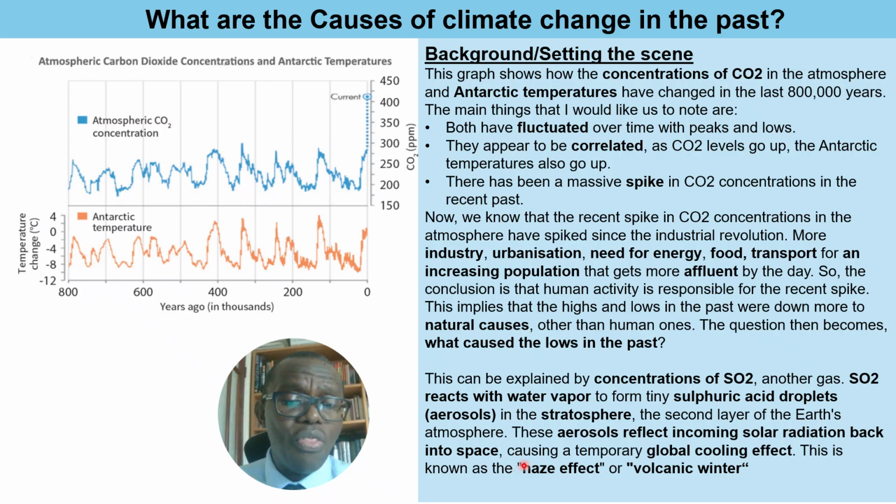Now, that causes temporary global cooling. So the temperatures are likely to drop as a result of that. And that is known as the haze effect or volcanic winter. So we are going to go into that in the next slides. Let's carry on.